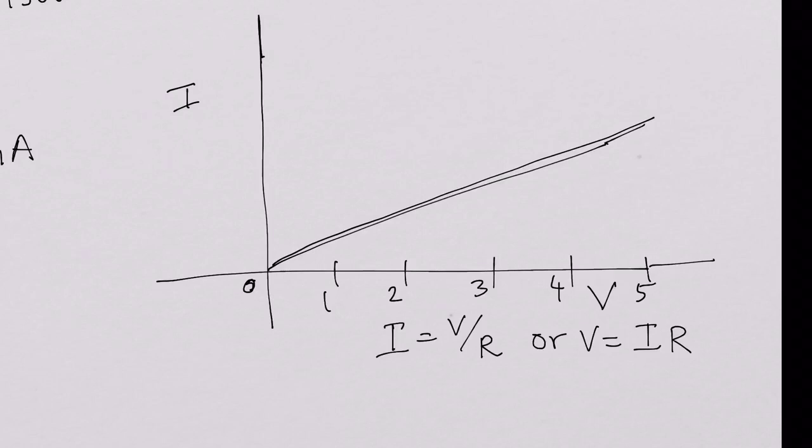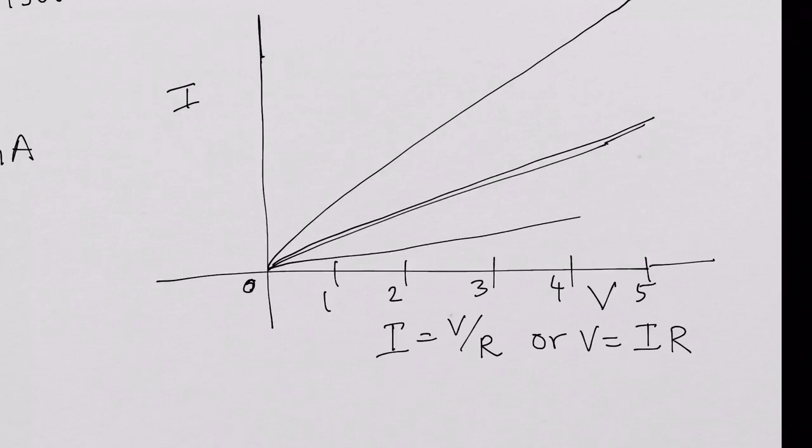Then if you lower the resistance, the current starts increasing faster. So you will have a curve that will look like that. So you have more current for the same applied voltage. If you keep increasing the resistance, the curves become closer and closer to the x-axis.